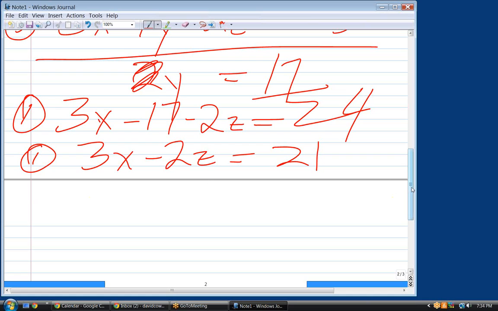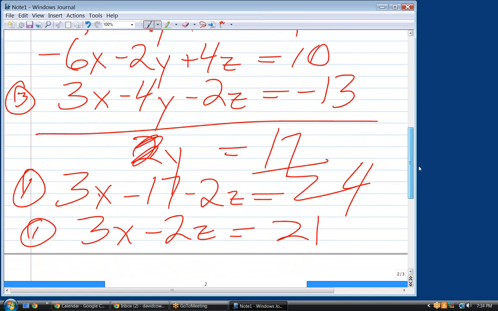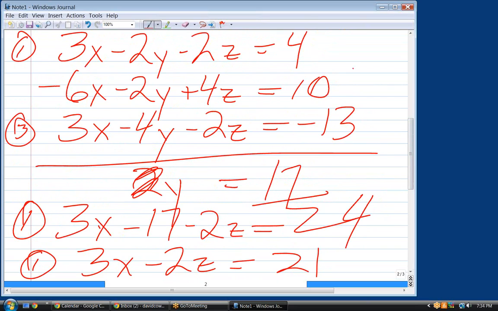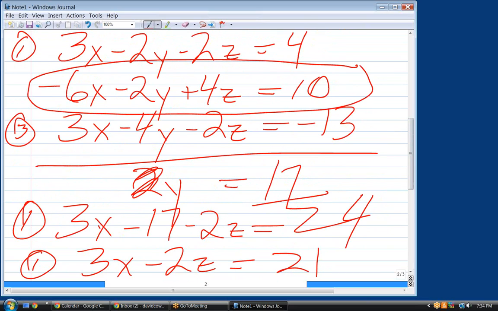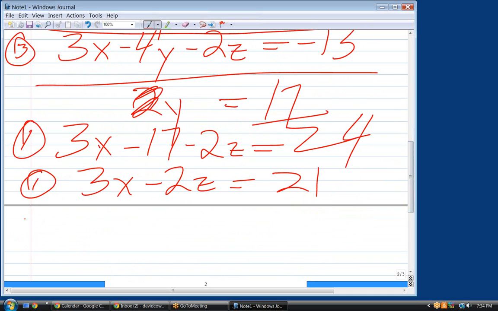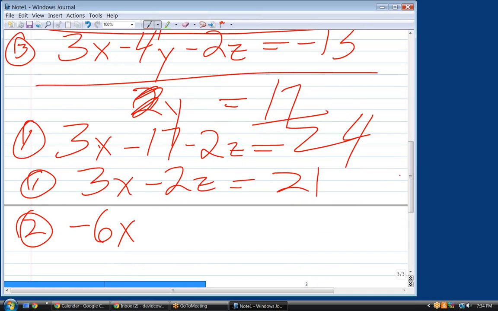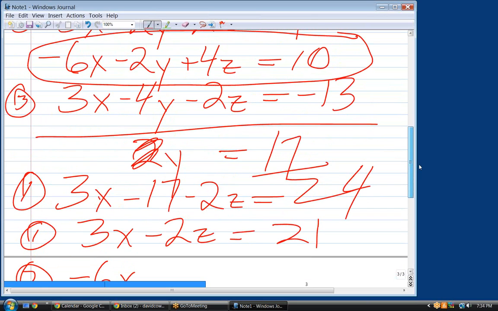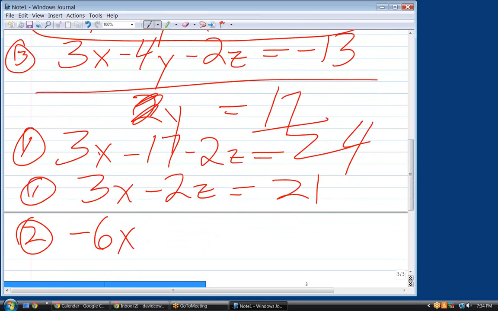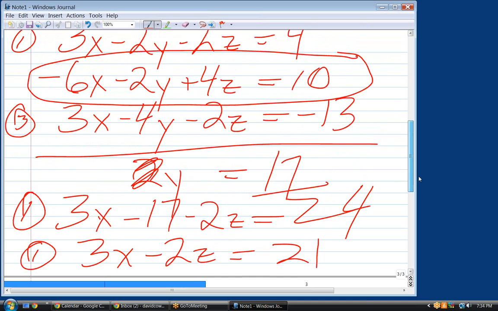And let's use equation 2 and plug in 17 halves for this y, which means my new equation 2 is minus 6x minus 2y, again going to be minus 17, minus 2z equals 10.